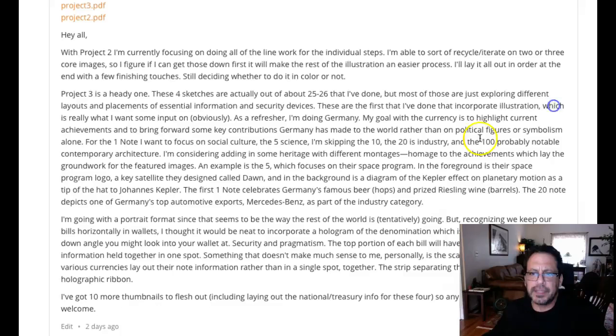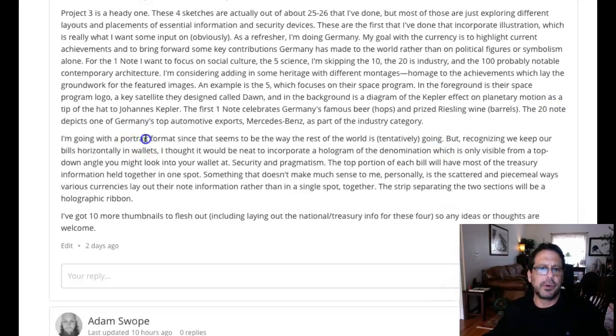Something else I wanted to mention in your writing, going with a portrait format, I want you to get used to saying vertical or horizontal, because in design we don't refer to layout orientation as portrait and landscape. That's something that I don't know where that came from, like snapshots or something, but in design it's vertical and horizontal orientation.